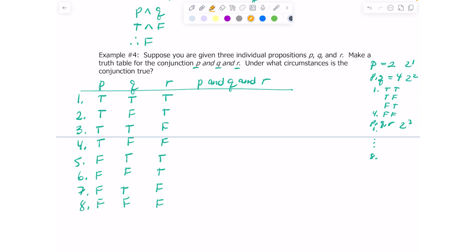So that means that if you were to make a sentence and have 3 different propositions connected with the word and, the only time that statement would be true is if all 3 propositions were true. So the rest of these are all going to be false. Because the word and implies both things have to happen for it to be true.